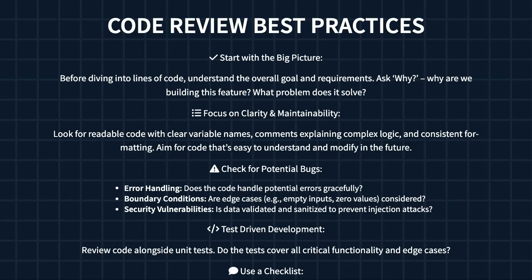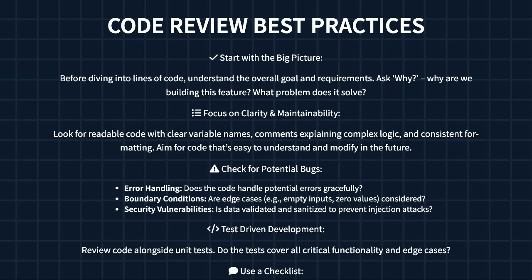Okay, let's talk about code review. It's absolutely vital for building solid, maintainable backend systems. First, before you even start looking at the code itself, take a step back and make sure you understand why we're building this feature in the first place. What problem are we solving? Next, when reviewing, concentrate on making the code as clear and easy to read as possible.